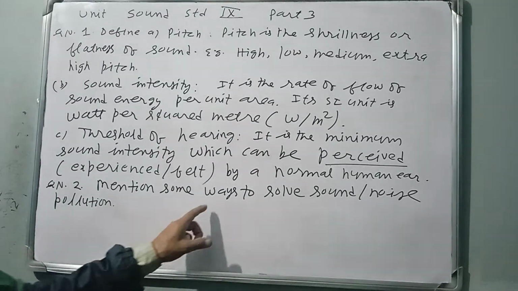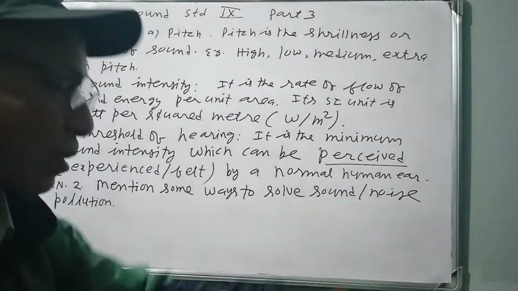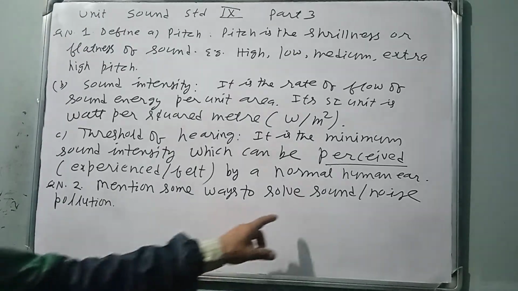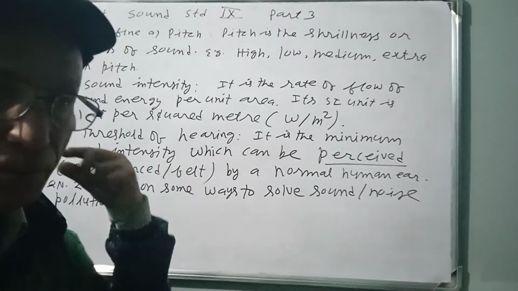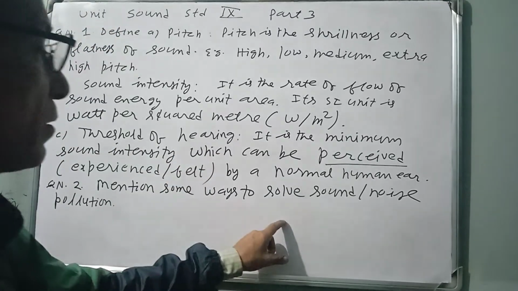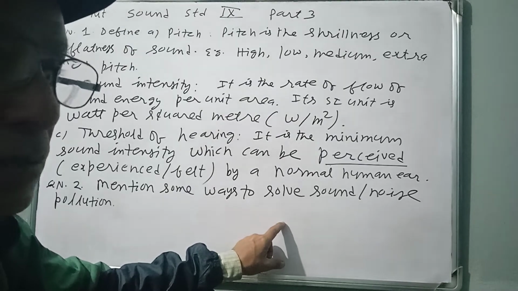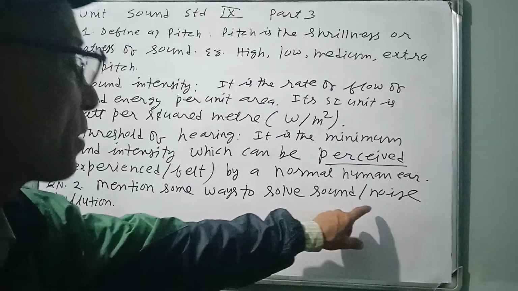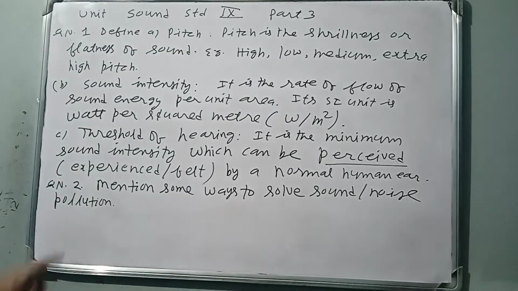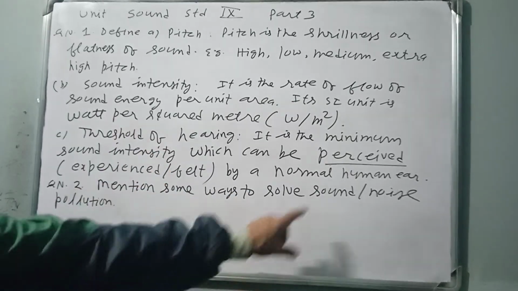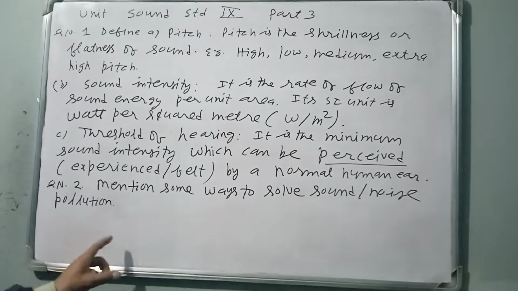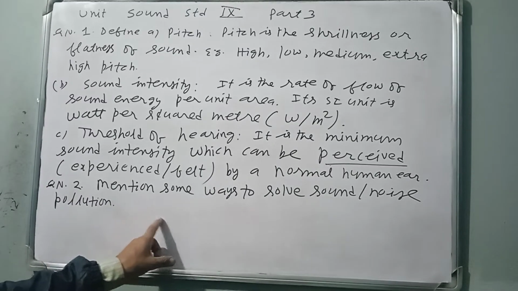What are the bad effects? It is very difficult to hear, no concentration, and some people feel irritation, rheumatism. High blood pressure is also caused by noise pollution. You can write down what noise pollution is, what the causes are, and what the effects are.